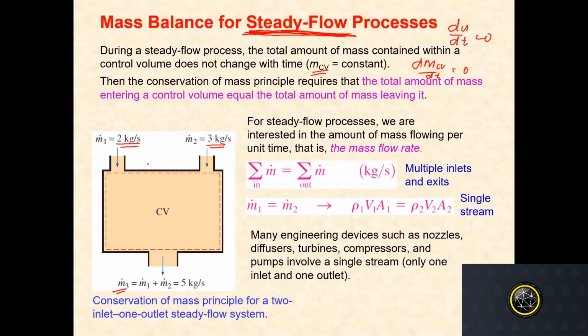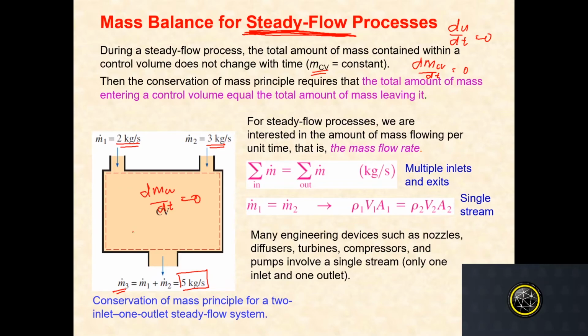So from these 2 inlets, you can find how much is leaving per second. It's just the total of m1 and m2, which needs to be 5 kg per second. This is steady flow, just to make sure that dmCV over dt is equal to 0.